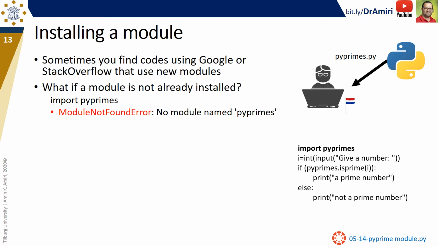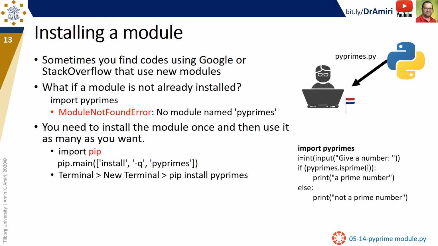So you try to execute this code using Visual Studio Code or Jupyter Lab, and there is a chance that Python returns a module not found error. That means the module does not exist, and in that case you need to install the module once so that you can use it as many times as you want.